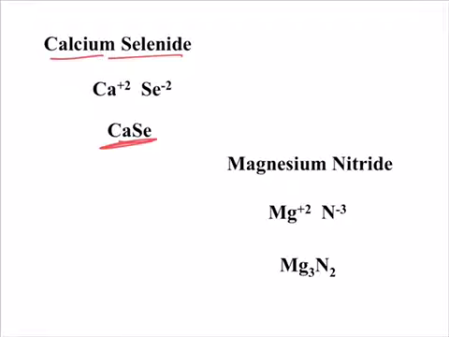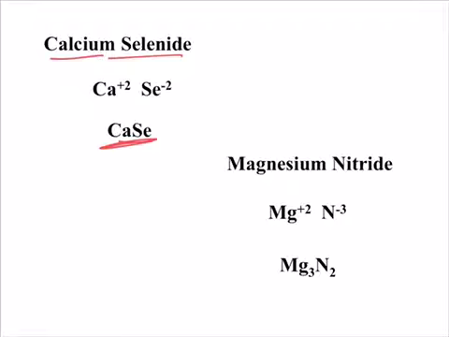Positive 2 cancels negative 2. Calcium ion's going to have 2 positive charges. A selenide ion is going to have 2 negative charges. They cancel each other out. That's electrically neutral. So with 1 of each, we have a formula.